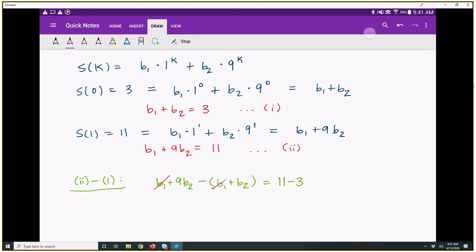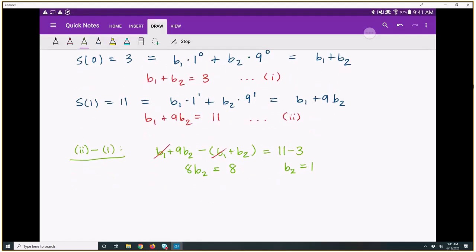And then I have 9b2 minus b2, so I have 8b2 is equal to 11 minus 3, which is 8. And this gives me that b2 is equal to 1. Now I can substitute b2 equals 1 into equation 1. So I'll have b1 plus 1 equals 3. Then b1 equals 2.